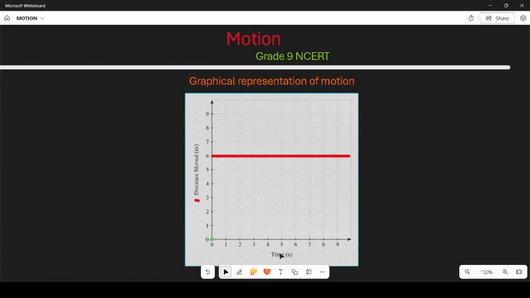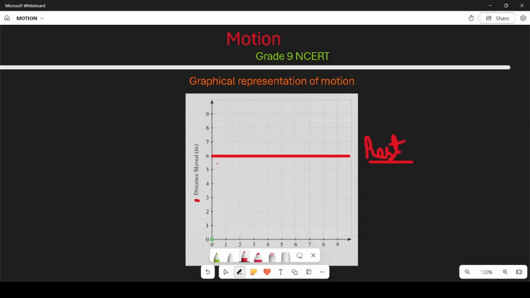This is compulsory. Your marks might get cut if you don't mention it, so that's very important. Back to this. So this is how you represent an object at rest.